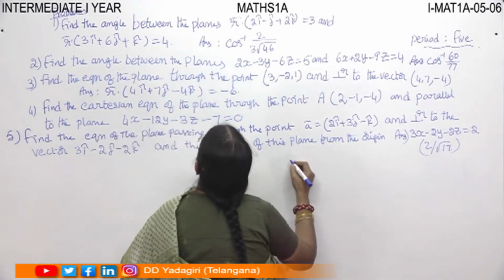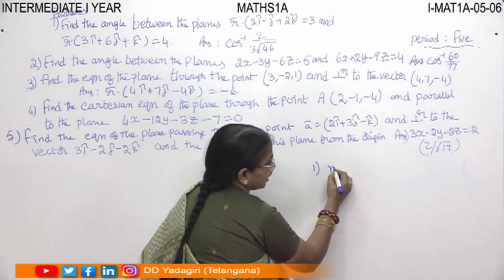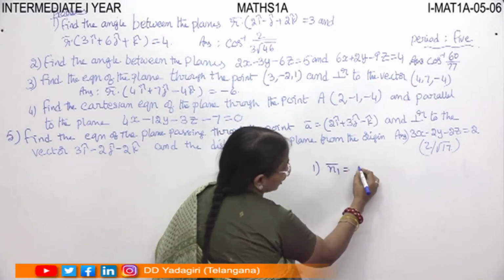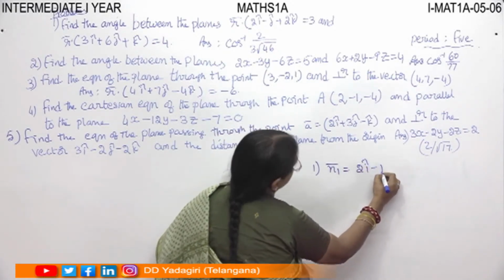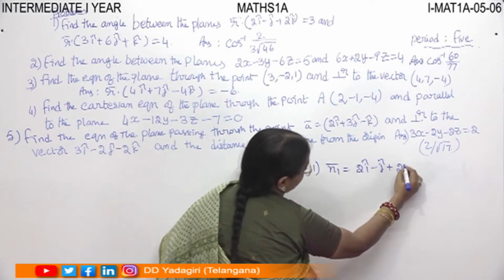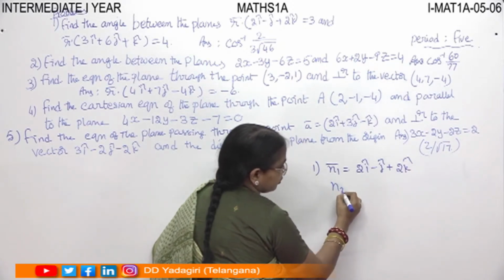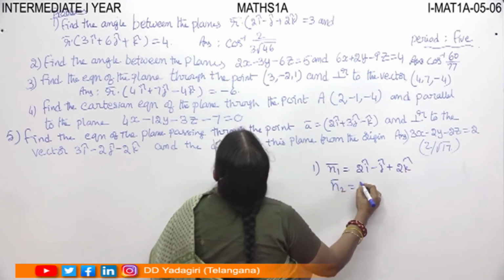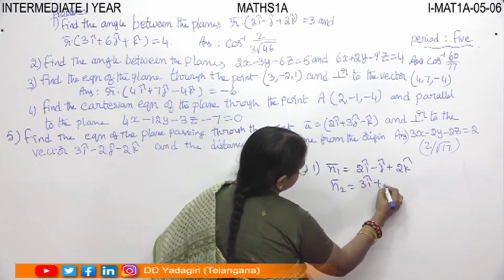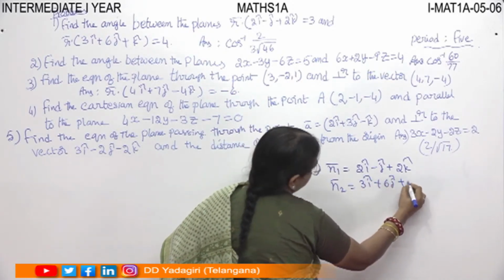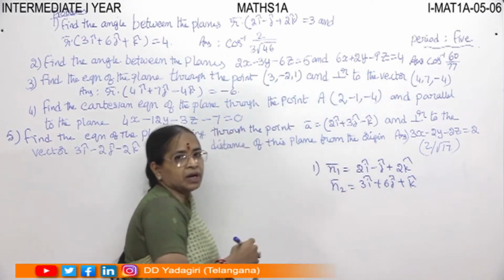So in the first problem, you are given n1 as 2i minus j plus 2k, and n2 is 3i plus 6j plus k. These are the values.